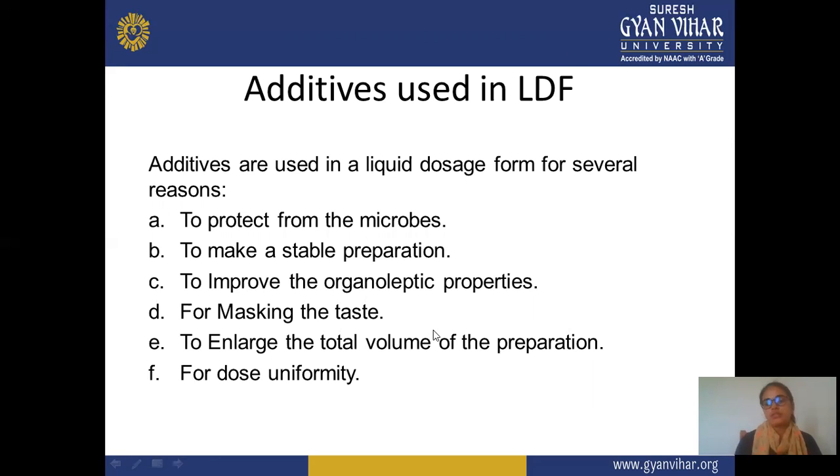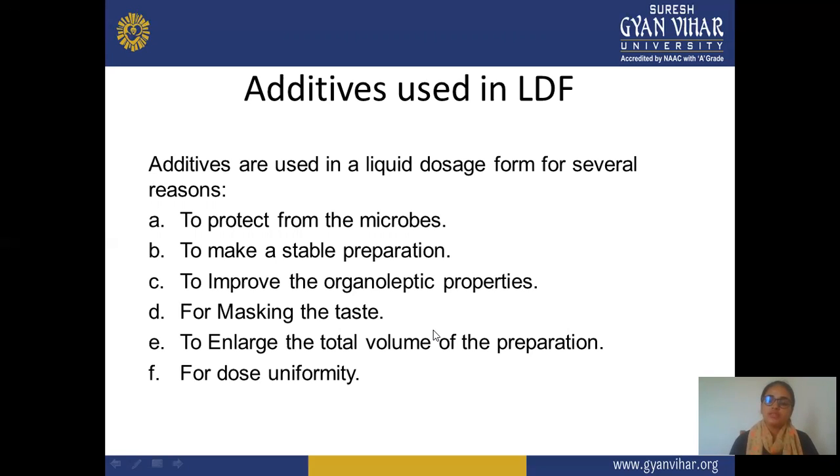And next is to make a stable formulation. Regarding stability, liquid dosage forms are very sensitive compared to solid or any other dosage form. When you store them in improper conditions or do not formulate them properly, there may be chances that they degrade, show stability problems, or expire before the expiration date.